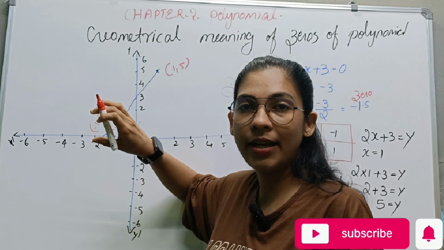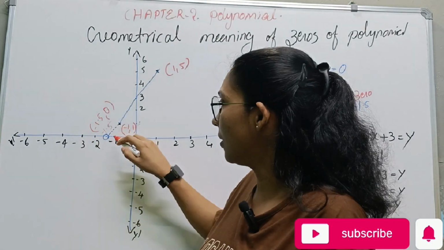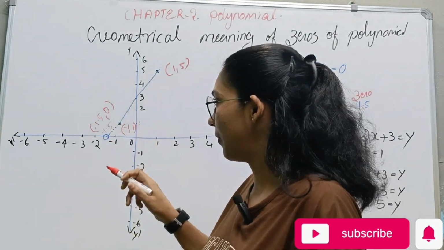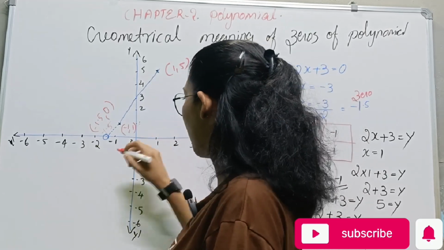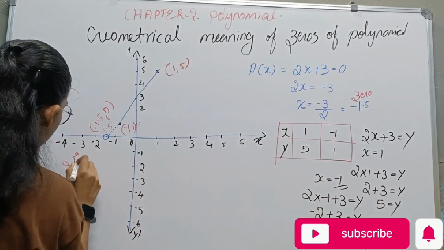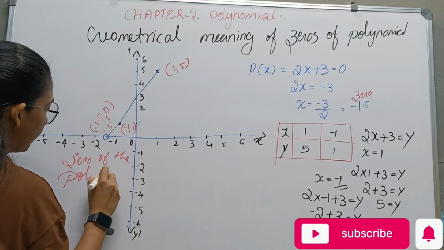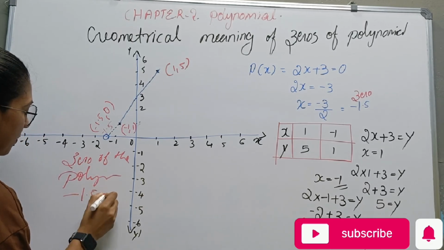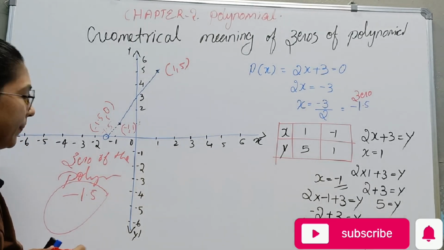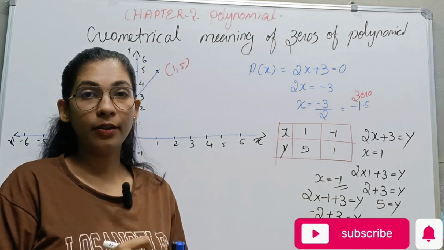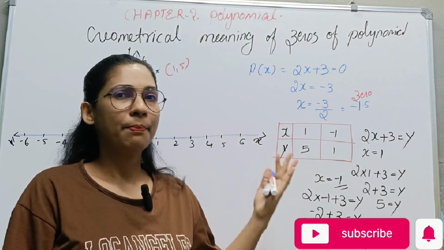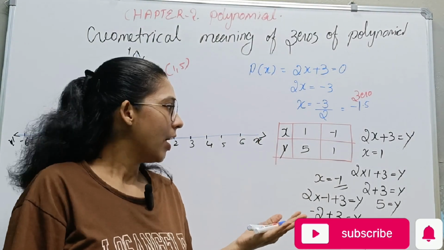Is it clear? So now the 0 of the polynomial is minus 1.5. Hope it is clear for you. If you have any doubt, please ask me in the comment section.